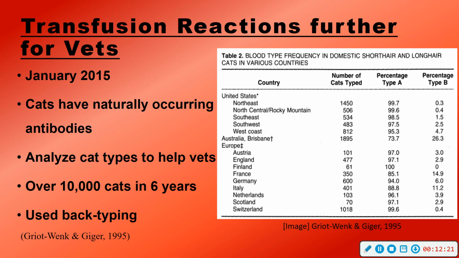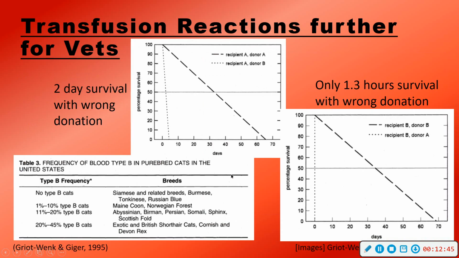So similar to humans, just like how we have naturally occurring antibodies and A, B, and AB types, so do cats. You can see their breakdown: how many cats they looked at, in what region of the United States, and they broke it down to type A and type B. They noticed there were a lot more type A than type B. Down at the very bottom, it talked about purebred cats, and which breeds had 0% type B cats.